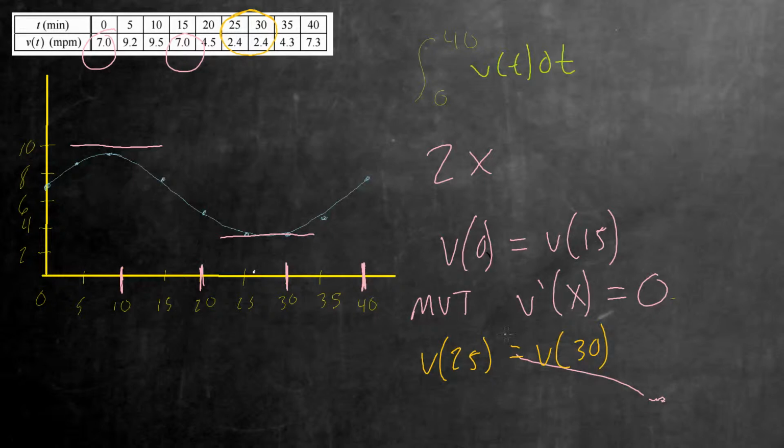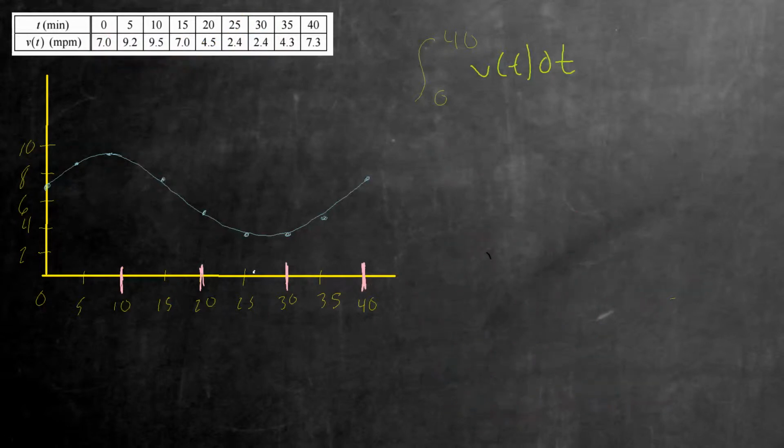Again, if the graph is equal at any 2 points and it's differentiable, its derivative had to be 0 somewhere in between there. So the good justification would be, the mean value theorem says there has to be at least 2 instances because they're equal there and equal there.